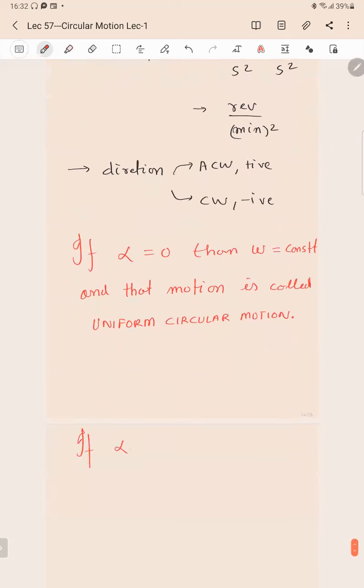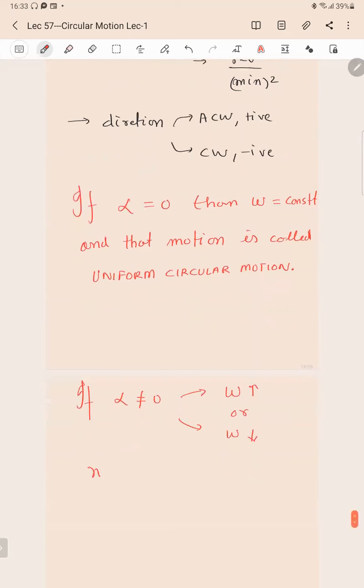If alpha not equal to 0, then there are two possible cases. Omega will either increase or omega will decrease. This is non-uniform circular motion.